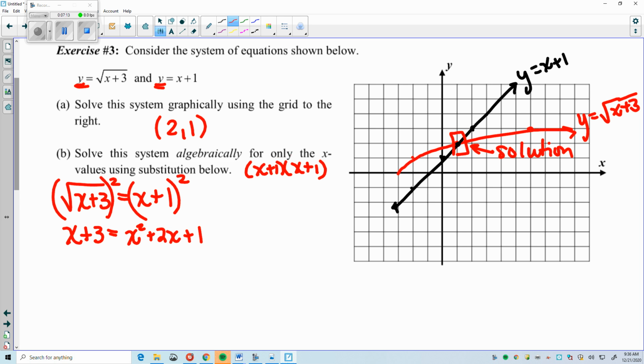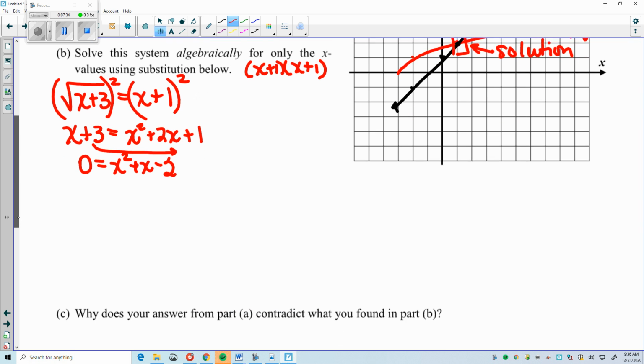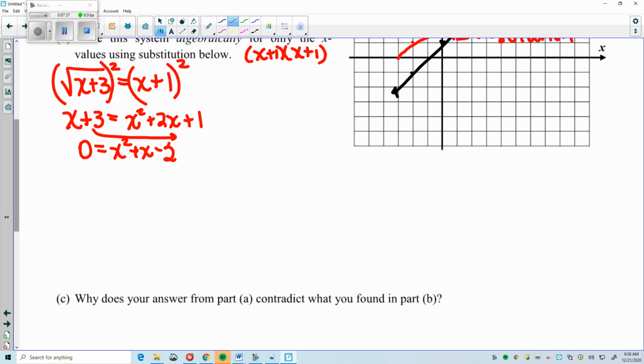We want to pull everything over to one side of the equation so we can set it equal to 0 and factor. So I'm going to move everything to this side, make this side my 0. I have x squared, so I'm going to subtract over an x, which is going to leave me with 1x. I'm going to subtract over the 3, so 1 minus 3 is going to leave me with negative 2. Now we're in a situation where we have to factor.